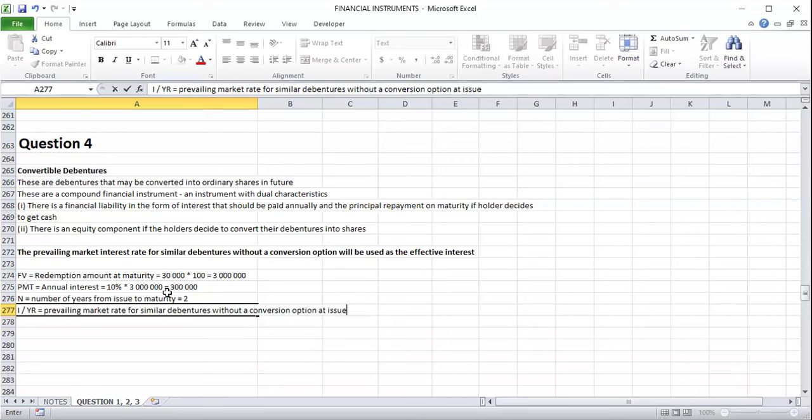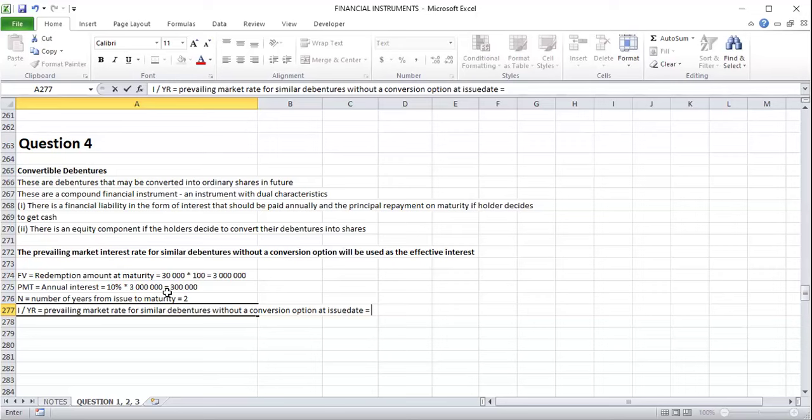In some of your assessments, they can give you the prevailing market rates for those with a conversion option and without. We use the without. And number 2, they can also give you the prevailing rate at acquisition, and the prevailing rate on another date that you are reporting.